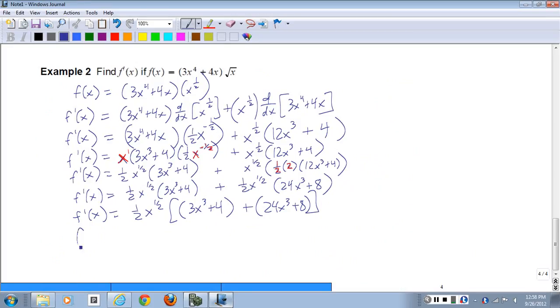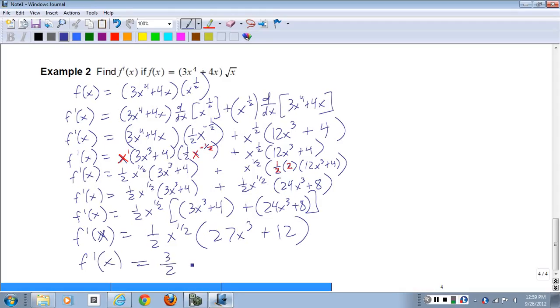So f prime of x equals 1/2 x to the 1/2 times 27x cubed plus 12. Should I factor out the 3? I mean, I factored out everything else. F prime of x equals 3 over 2, x to the 1/2 times 9x cubed plus 4.